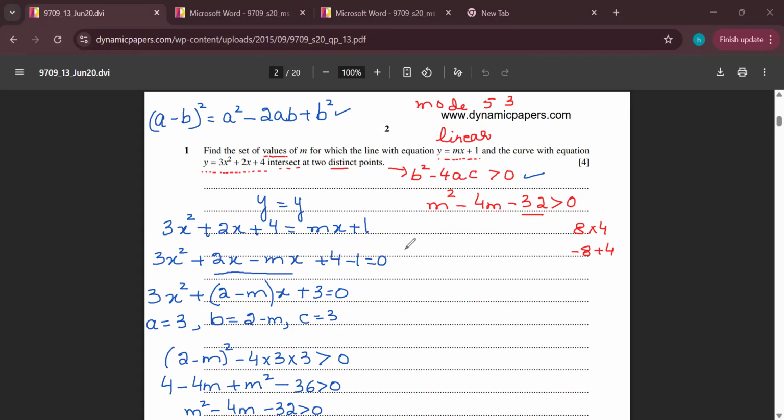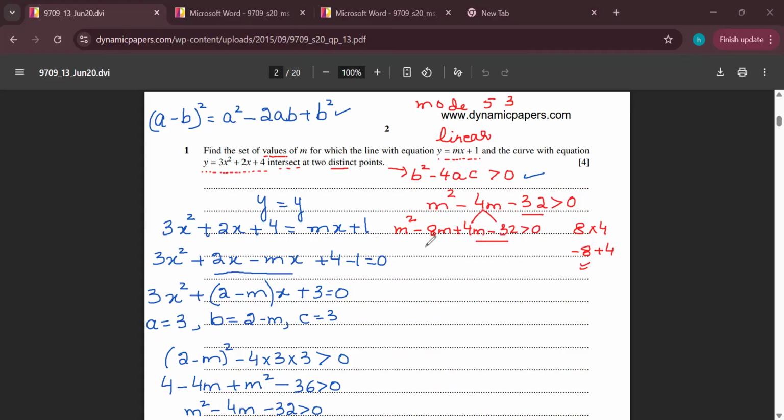Now look here what I will do. This m square we leave like this. Then minus 4m, we'll break it down. Always the big number first. Minus 8m plus 4m minus 32 is greater than 0.